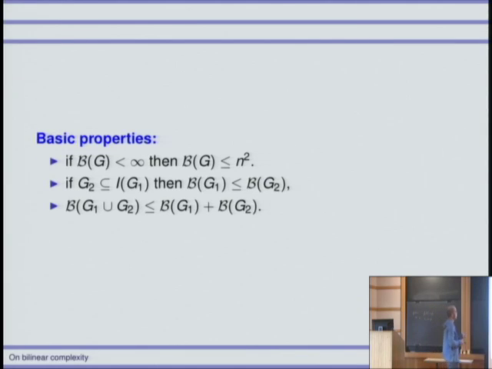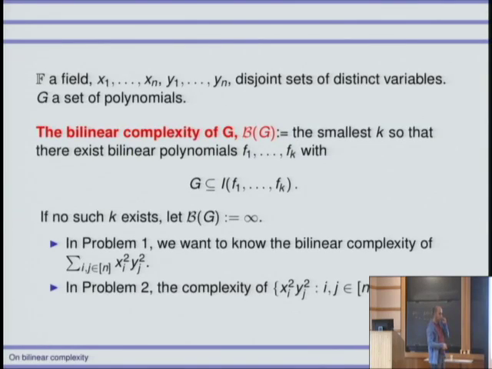You can also see that if G2 is contained in the ideal generated by G1, then the complexity of G1 is at most the complexity of G2. In the first item, you assume that polynomials are all equal to? No, no. Okay, I should emphasize that: just all the xi yj, that's containing the variable.